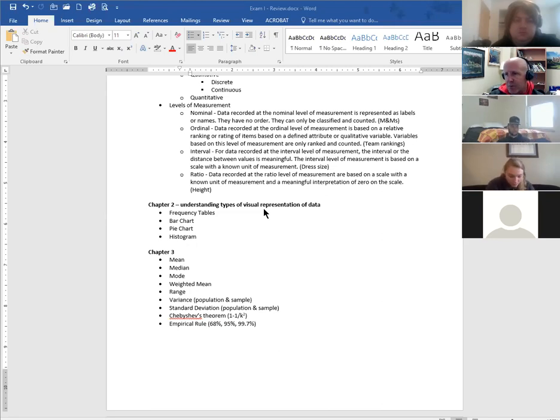For the frequency tables or the bar charts or the pie charts, I would more likely give you a pie chart or a bar chart or a histogram and say, what does it mean? What are you seeing? What do you observe? So that's really it on chapter 2. There'll be a couple of those on the exam, where I'm showing you a graph or a chart, and you're having to interpret that and provide some information based on the table. Okay.